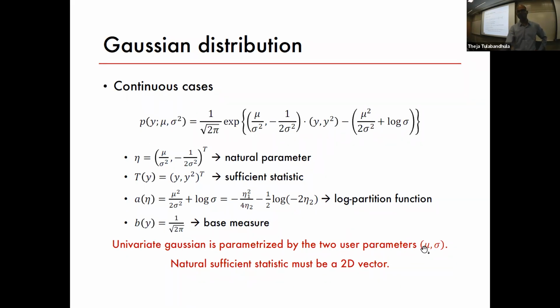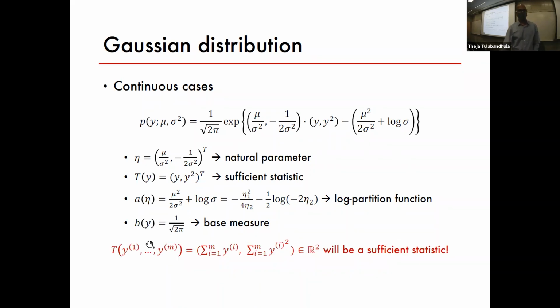To summarize, the Gaussian distribution is parameterized by two numbers, generally a mean and a variance. That's why the sufficient statistic also has two dimensions, y and y square. So if you think of the aggregate, if you have m observations, then the statistics sum of i equal to 1 to m of yi and sum of i equal to 1 to m of yi square are enough to estimate the mean and variance.